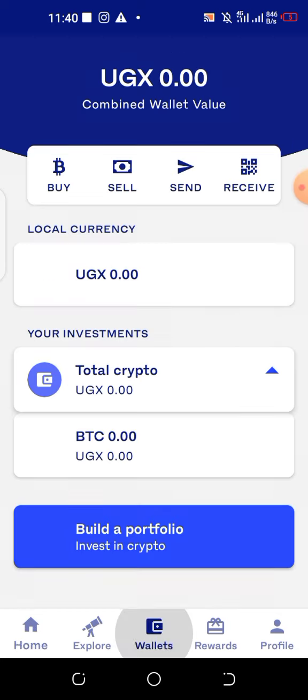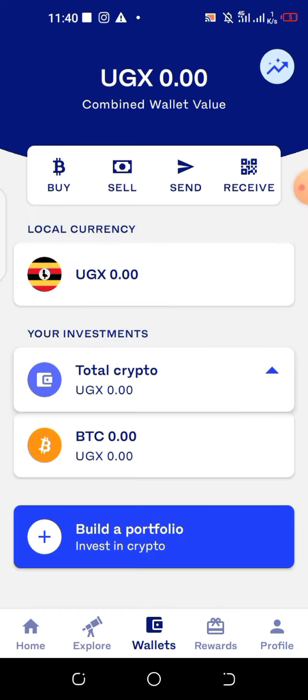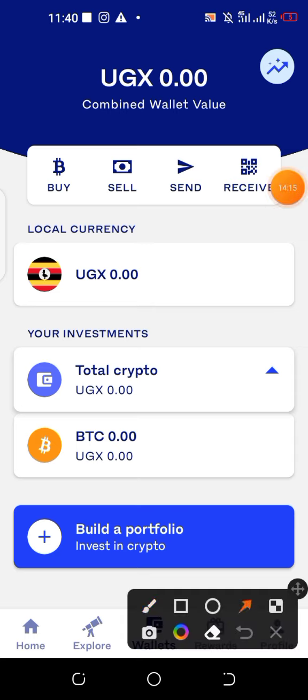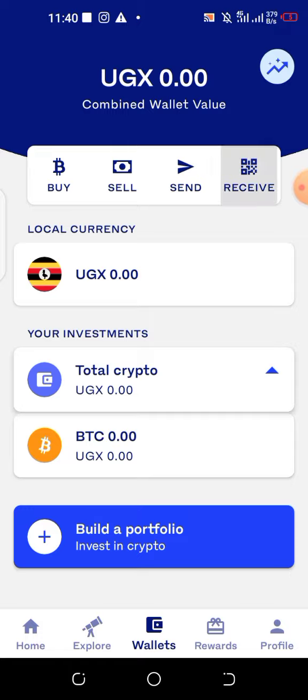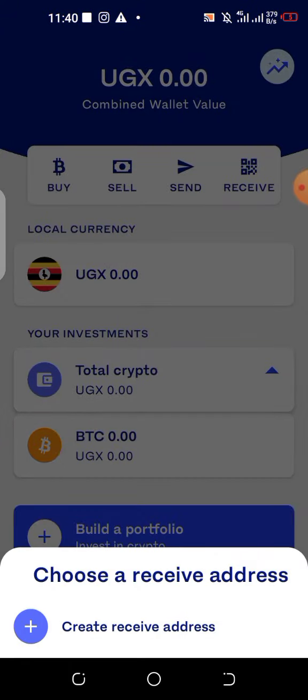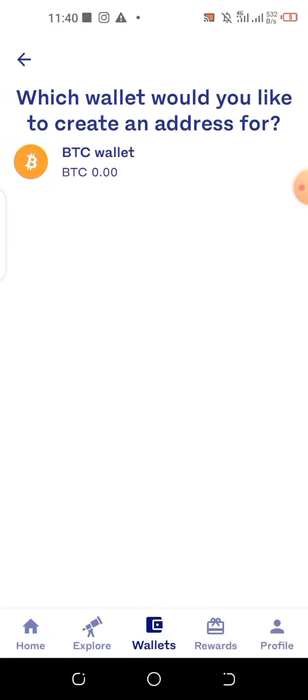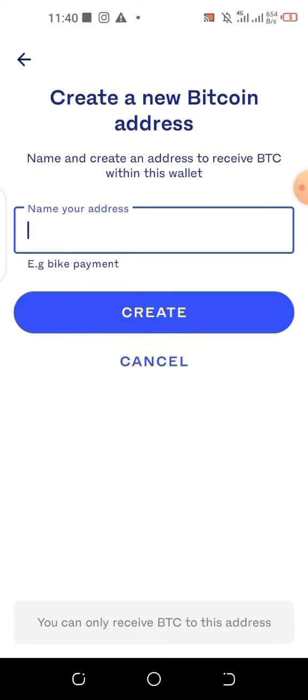So you come to wallets, and after coming to wallets, you press receive here, because you want to receive, and after that we sell. When you tap receive, you have to create a receiving address for BTC.